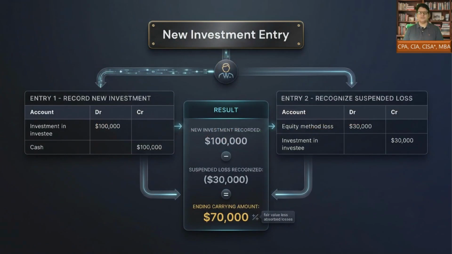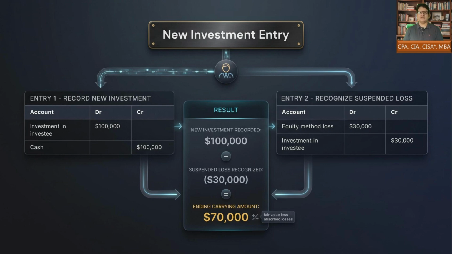Now consider the new investment entry. The investor contributes $100,000 directly to the investee, and the facts indicate that the contribution funds prior losses. First, record the new investment. Debit investment in investee for $100,000 and credit cash for $100,000.